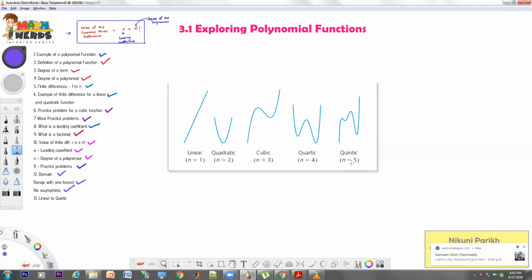And for degree equals 5, the polynomial function is called a quintic function, and this is a typical shape which is not fixed for a quintic function. We'll explore a lot about all these things in the subsequent lessons.